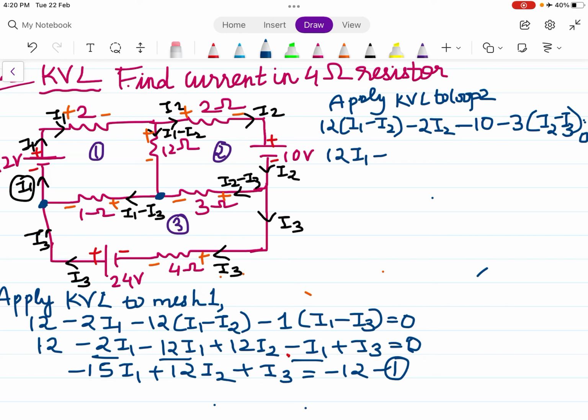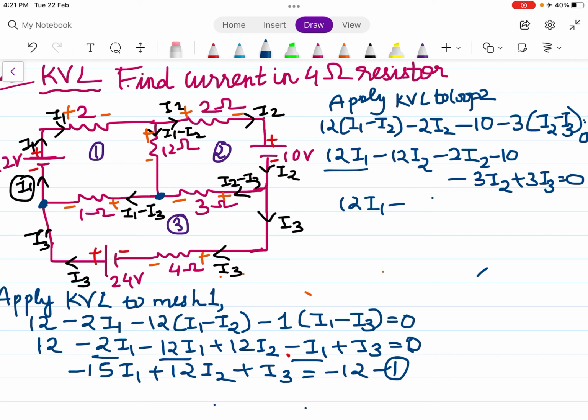So 12 I1 minus 12 I2 minus 2 I2 minus 10 minus 3 I2 plus 3 I3 equal to 0. So 12 I1, minus 2 I2, minus 3 I2, so 5, minus 17 I2 plus 3 I3 equal to 10. This is equation number 2.